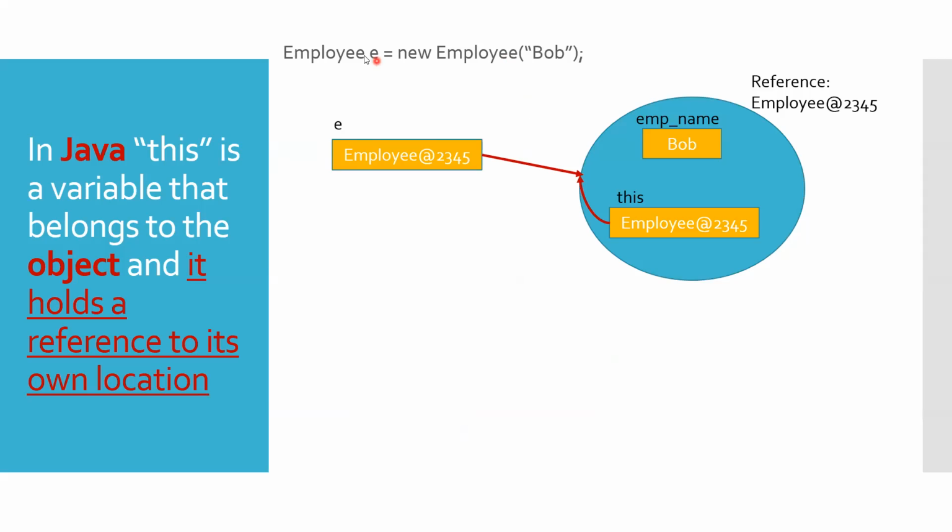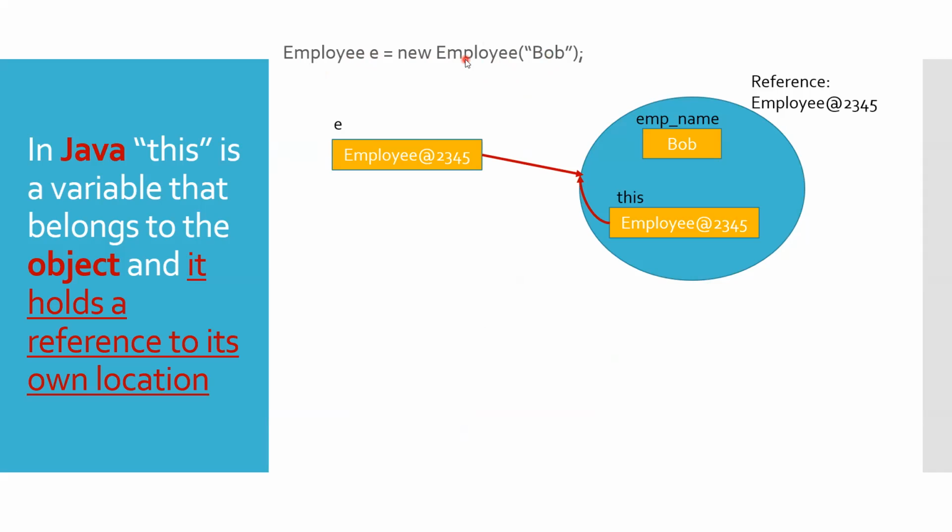In Java, in order to define an object, we define a reference of the class type. This part is just a reference definition, and this part is where the object is created, when you say new Employee, and maybe send it some initialization.